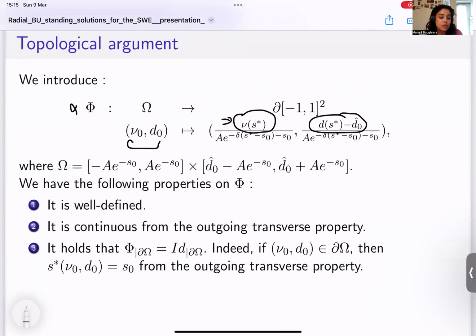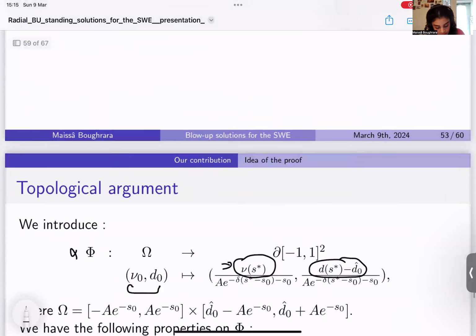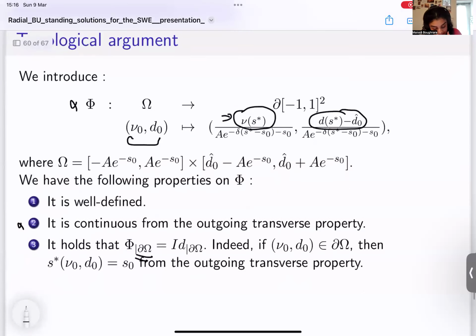What do I mean by the outgoing transverse property? It's just the one that I showed right now. This application is continuous. And also, if we restrict this application to the borders of the domain, it's going to be exactly the identity. To show this is easy: you just take the initial data from the borders. For example, let's say I took mu here.